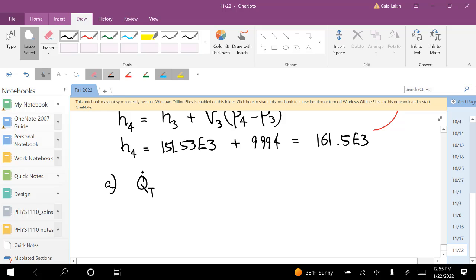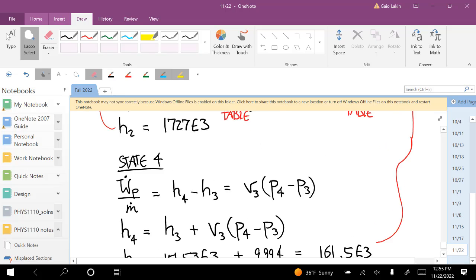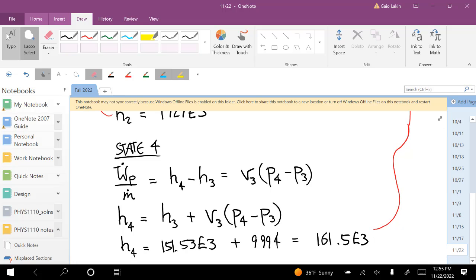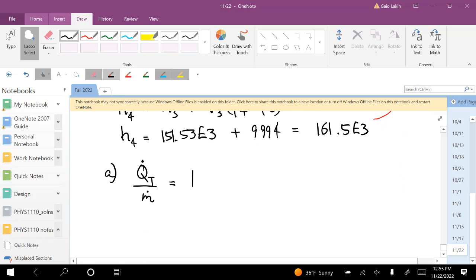So QT dot over M dot is, so that's going to be H2 minus H1.